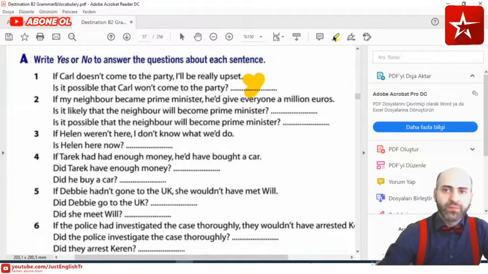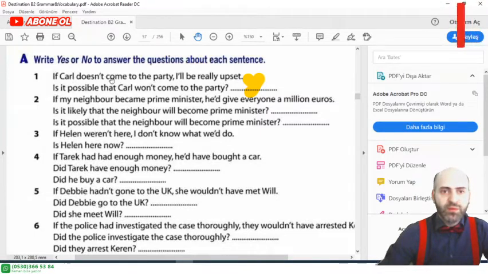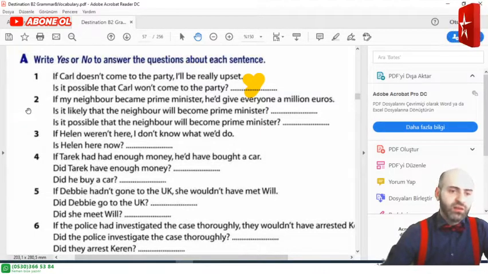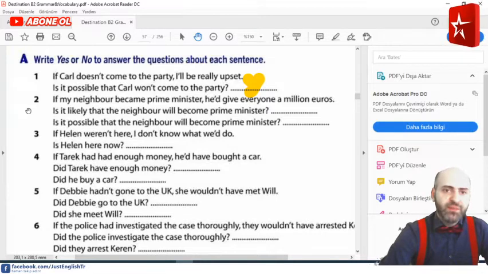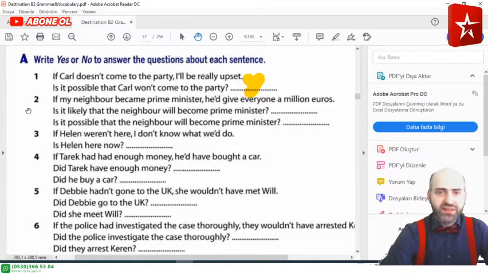Okay. Let's see the next one. Of course, this is possible because it is type 1. Type 1 is about possibilities. Let's see the second sentence: if my neighbor became prime minister, he would give everyone €1,000,000. Is it likely that the neighbor will become prime minister?